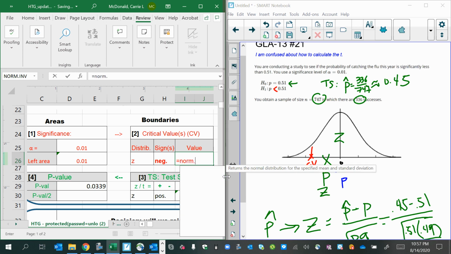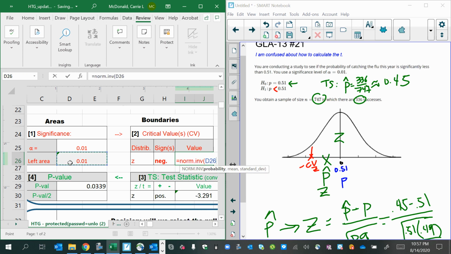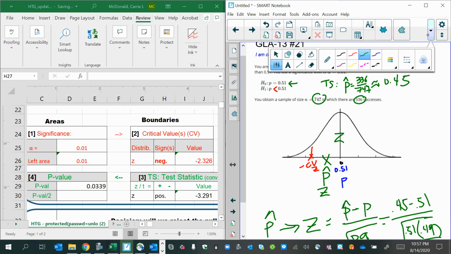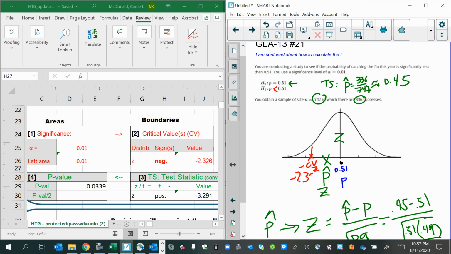So I'll use norm.inv on the left area with a mean of 0 and a standard deviation of 1. So now we know that as far as the critical value is concerned, negative 2.326 has an area of 0.01 to its left.